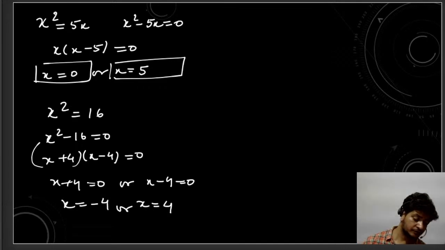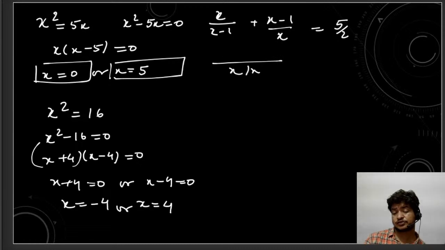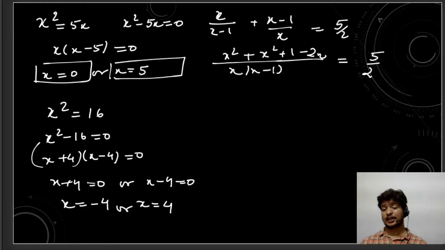अब आते हम लोग एक नए क्वेश्चन पे. नया क्वेश्चन है x by x minus 1 plus x minus 1 upon x, that is equal to 5 by 2. We will take the LCM, x into x minus 1. x into x is x square, x minus 1 और x minus 1 का होल स्क्वायर. इसको लिखेंगे x square plus 1 minus 2x, and in the denominator you will write x into x minus 1.